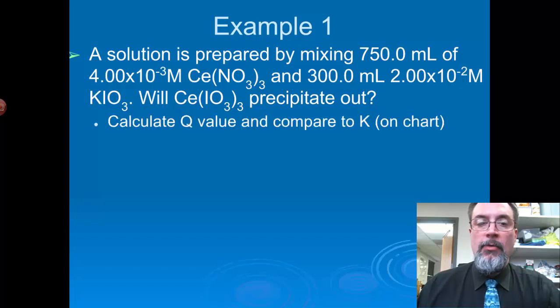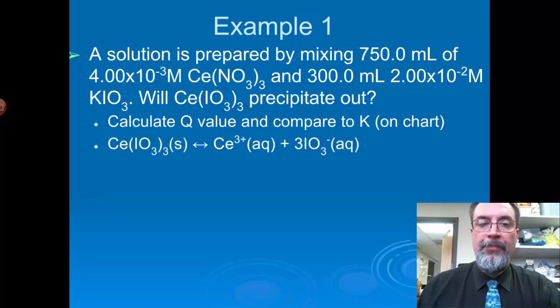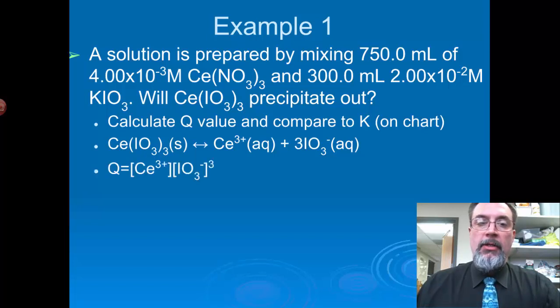So we're going to calculate the Q value and compare it to K. The K value is on the chart in your book. Cerium iodate will dissolve into cerium 3+ and 3 iodate ions. That's the solubility we're working with here to see if it's going to precipitate or not. We're going to see what Q is and compare it to the K value.